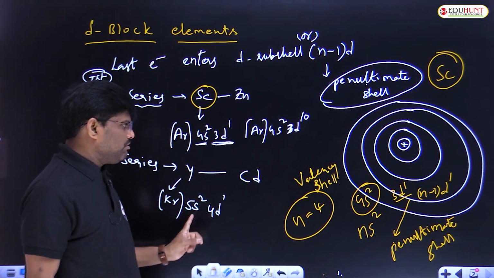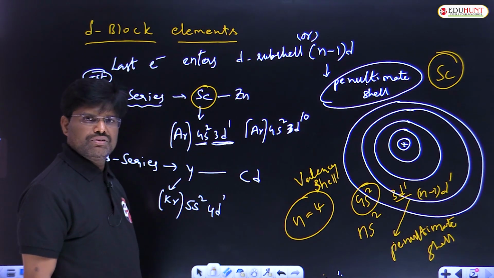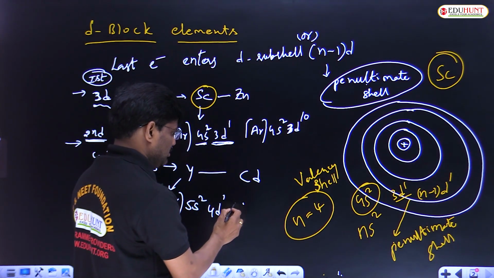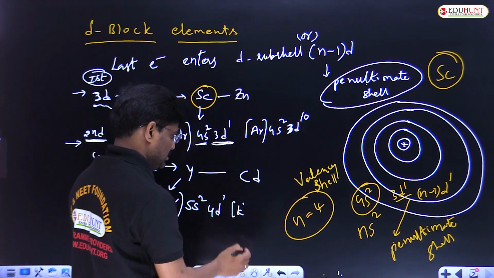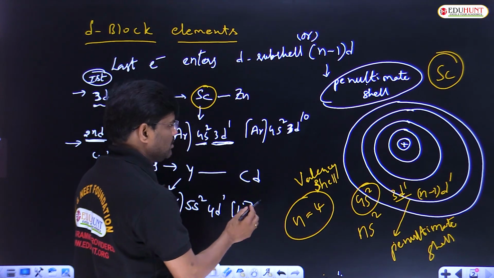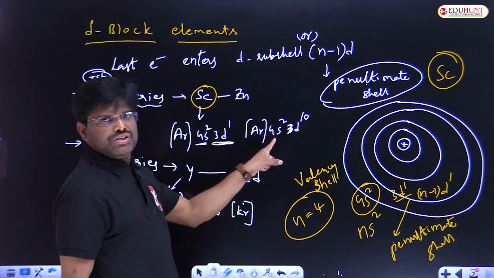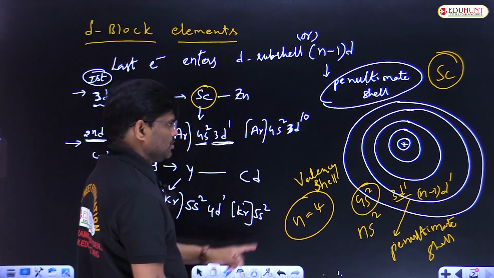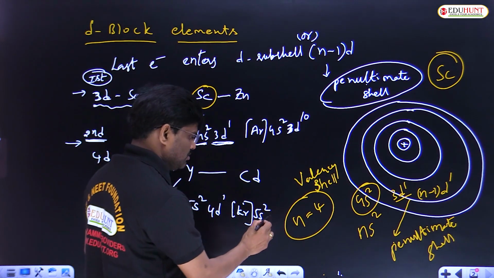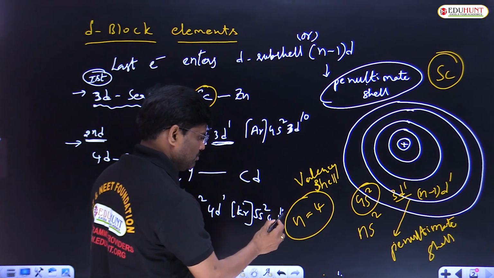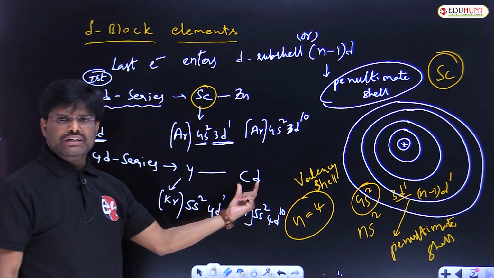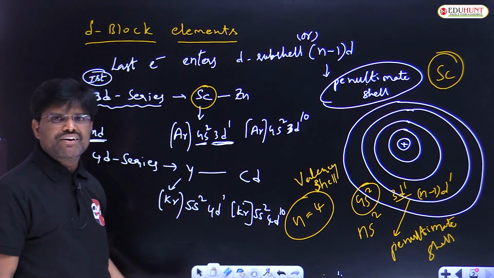Cadmium is krypton 5s2 4d10. The starting element is yttrium, and it ends with cadmium.